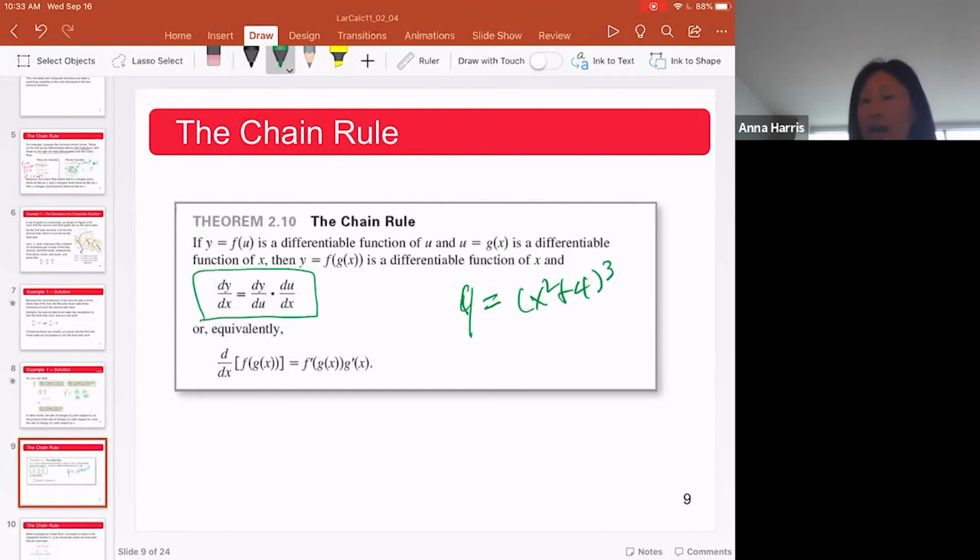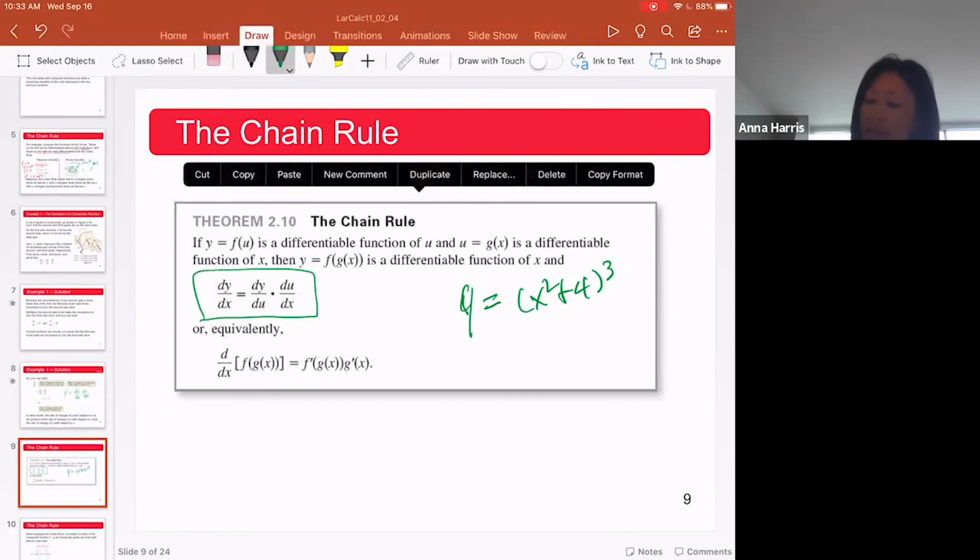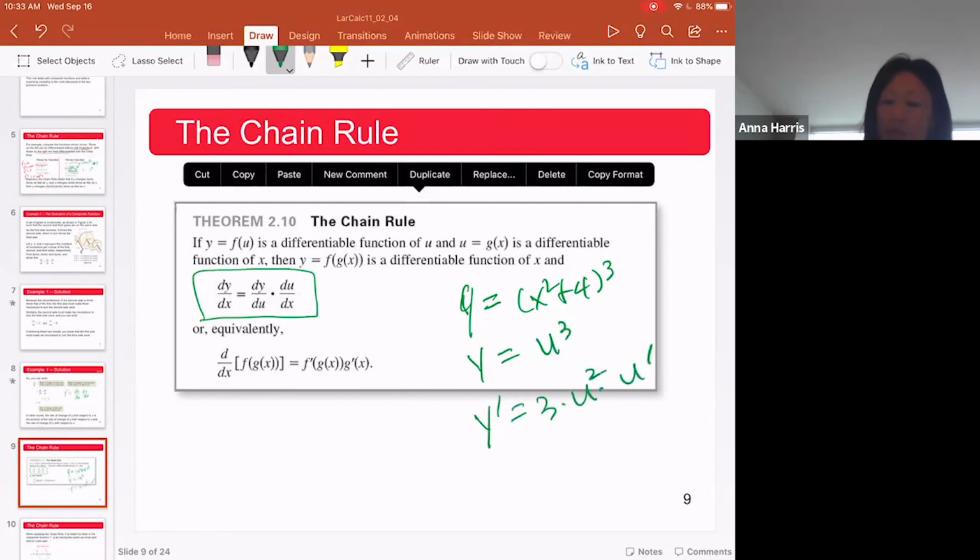They're giving you the exact formula. They're saying replace this as u to the third, and then take a derivative, which is 3 times u to the second times u prime. That's what this is.